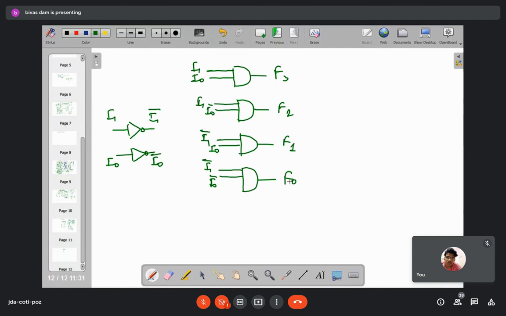Okay, that should be the internal circuit for this particular block.